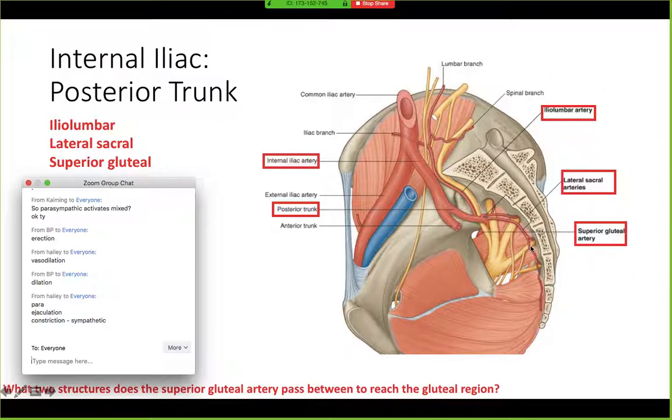3 important branches. The one that they would be most likely to tag would be this superior gluteal artery, and that's because it's passing through 2 structures right here. So you have landmarks in order to identify this artery. So what is this artery passing between? What is this and what is this?